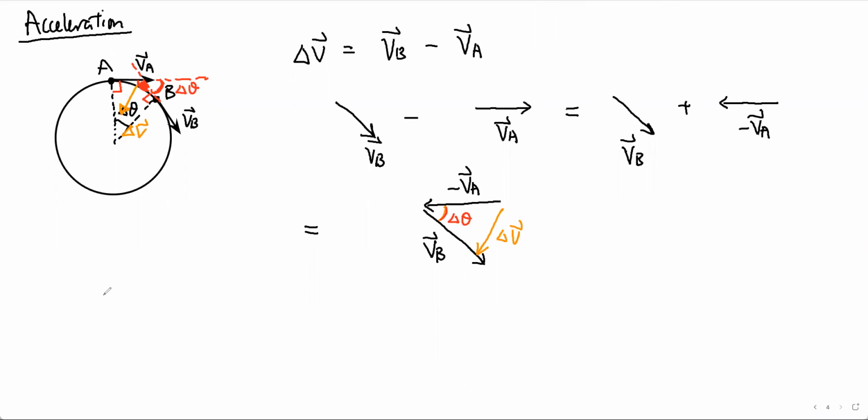Now we will take the angle theta. But the magnitude of VA and VB is the same because we are talking about constant speed motion. And then for the acceleration, it's finding the change in velocity over change in time.